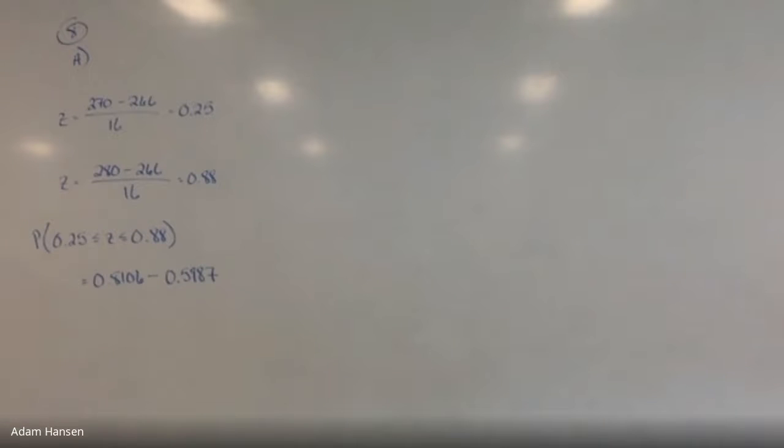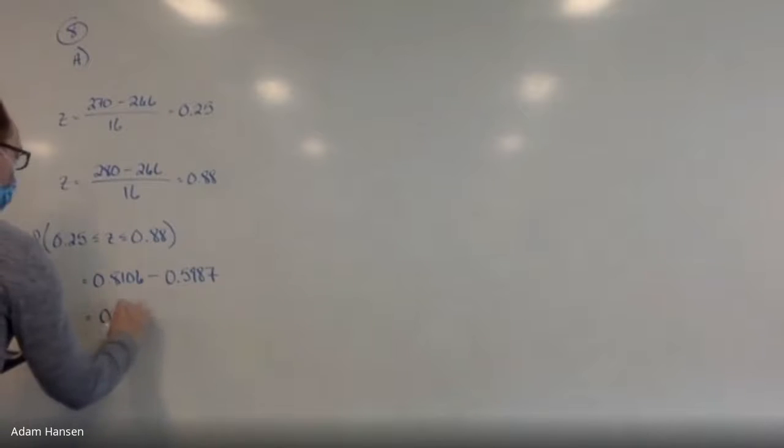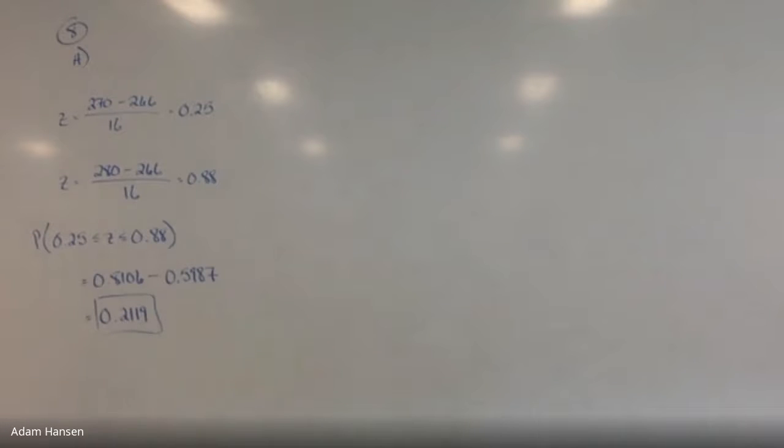I get 0.2119. 21.19% of pregnancies last between 270 and 280 days. These first two parts are just review on normal distributions. We're not going to get into the sampling until we do the last few.